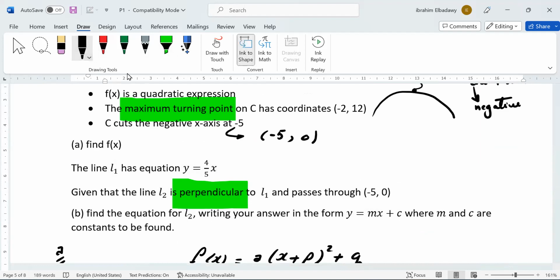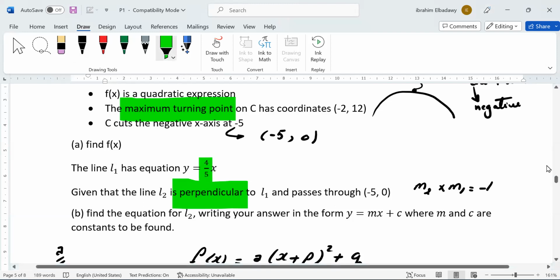Perpendicular means the gradient of M2 times the gradient of M1 should be equal to negative 1. This is the condition of perpendicular. So if you have the gradient of line L1, how can you get the gradient of line L2? The gradient of line L1 is 4 over 5. Here you can get the gradient of L2, right?